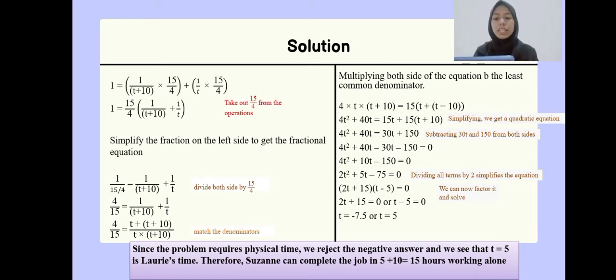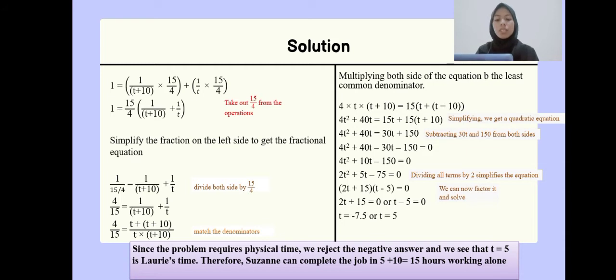Multiplying both sides of the equation by the least common denominator, so 4 times t times open bracket t plus 10 close bracket equals 15 times open bracket t plus open bracket t again plus 10 close bracket, and then close bracket for everyone.